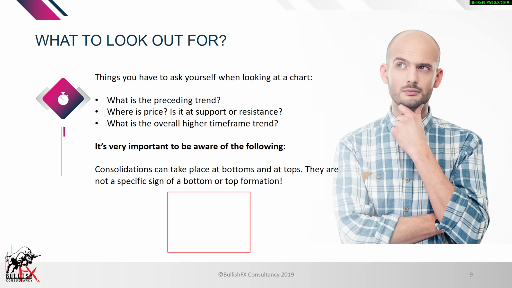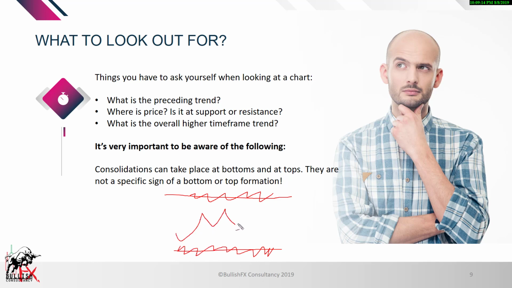Ask yourself, where is the price? So price could be trading at the top here, or price could be trading at the bottom. Then you open a chart, you see your price here.